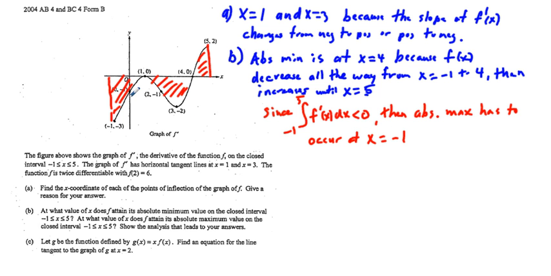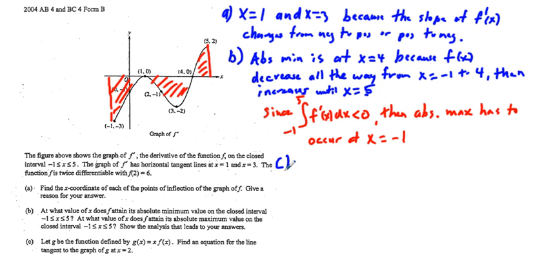We start to go positive after x equals 4, but not enough to make up for the negative we've gone down from x equals -1 to x equals 4. That's what it means. Not extremely articulate, but that's what I did.